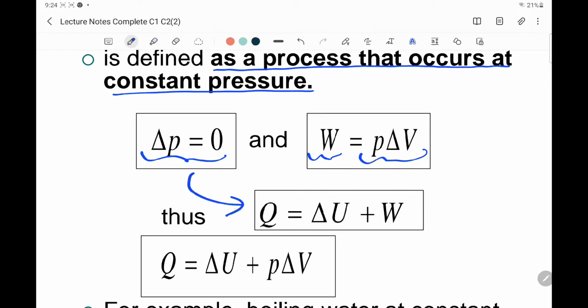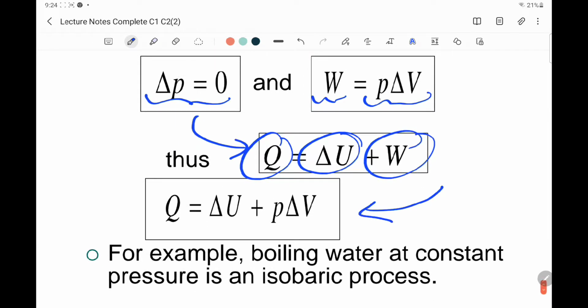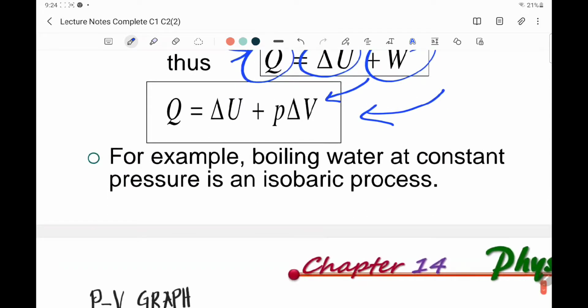Based on the first law of thermodynamics, Q, heat, is equal to delta U, change in internal energy, plus work done W. So Q is equal to delta U plus P delta V. For example, boiling water at constant pressure is an isobaric process.